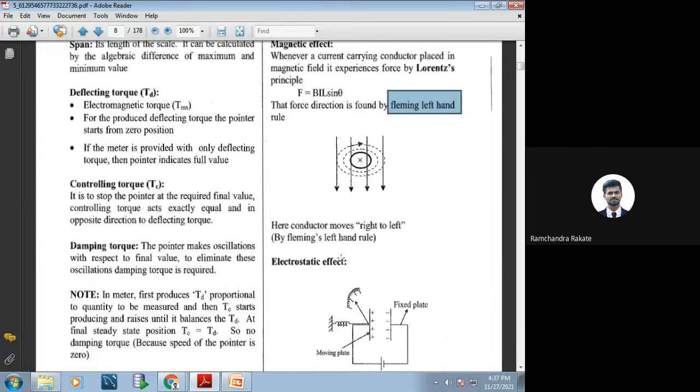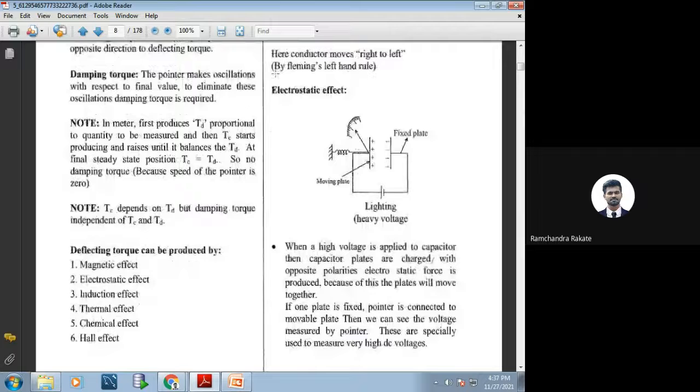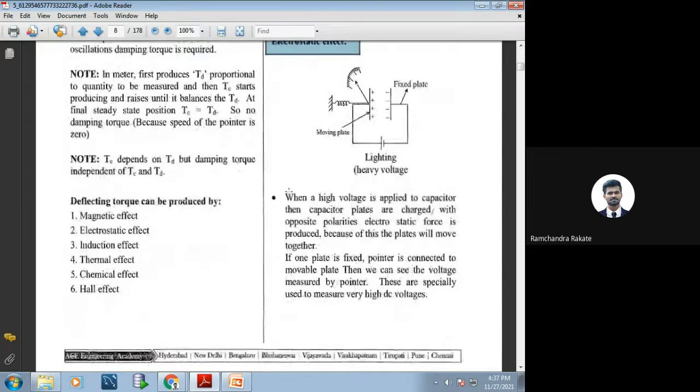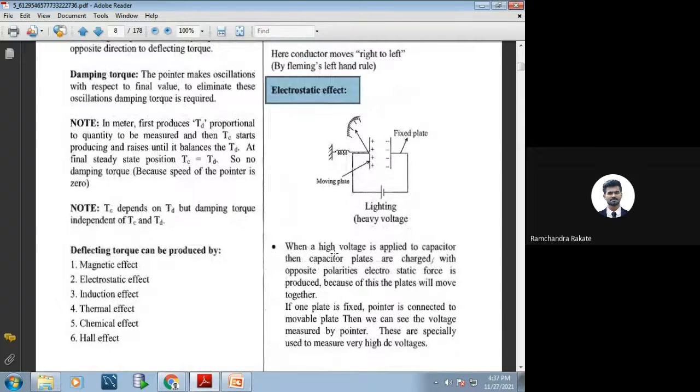Now the next one is the electrostatic effect. When a high voltage is applied, like lightning, which consists of a huge amount of energy, such high voltage is applied to the capacitor. Then the capacitor plates are charged with opposite polarity, positive and negative.